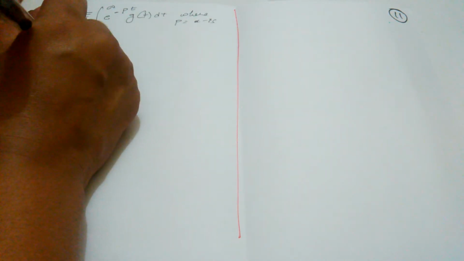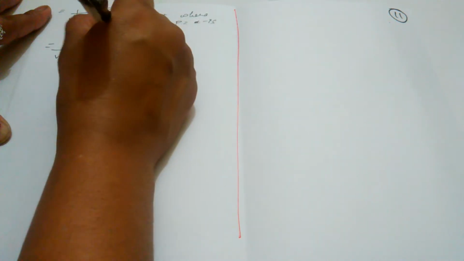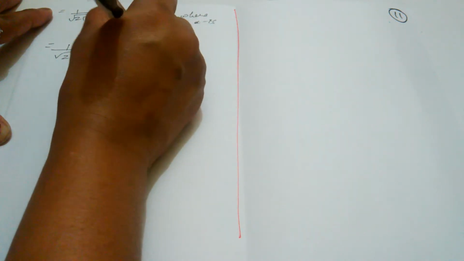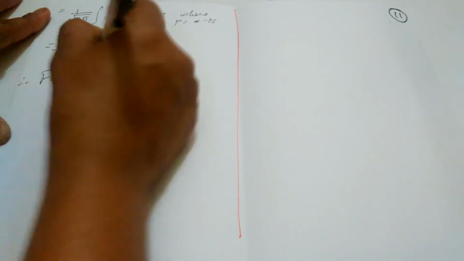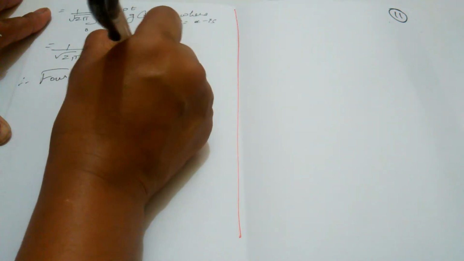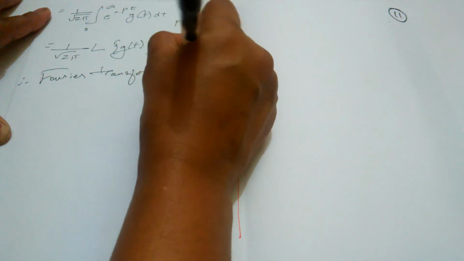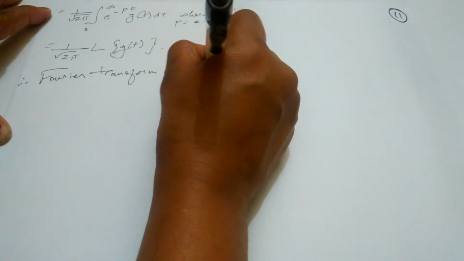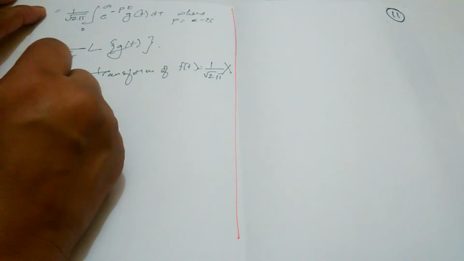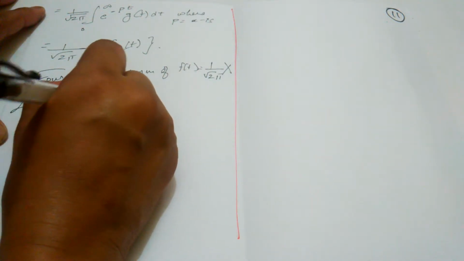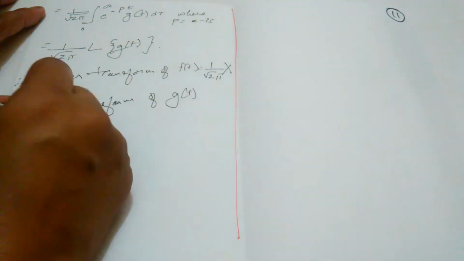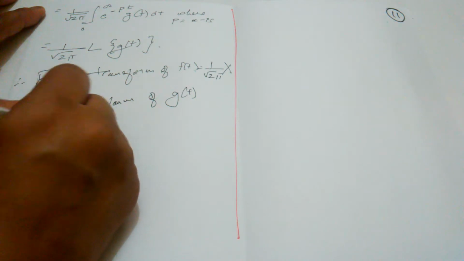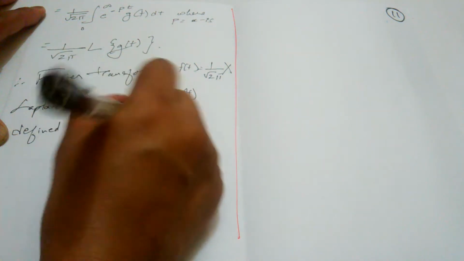This equals 1 upon square root of 2 pi times L of g of t. Hence we have proved that the Fourier transform of f of t equals 1 upon square root of 2 pi into the Laplace transform of g of t defined by 1.